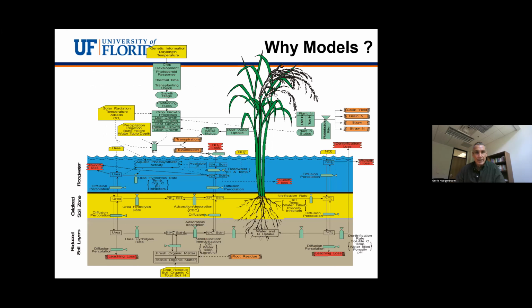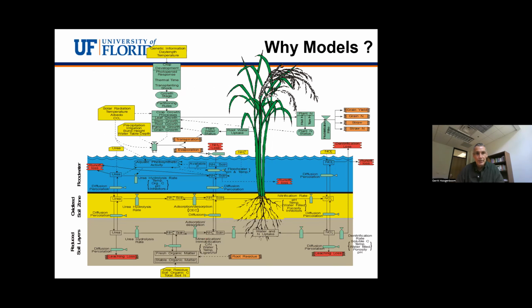What we're looking at here, and many of you might be familiar with this, is a rice plant. It's somewhat difficult to see on the slide, but you see a lot of boxes, arrows, and edges connecting the different boxes and circles together. These boxes and circles represent different processes you might see in a rice production system. This happens to be flooded rice, so the rice plant is planted under flooded conditions.